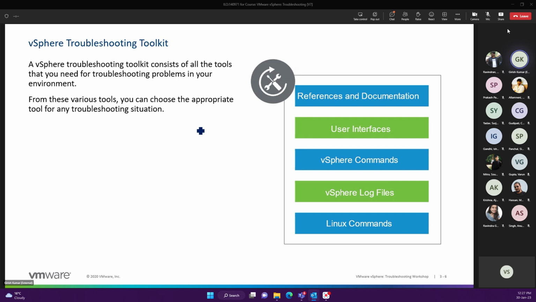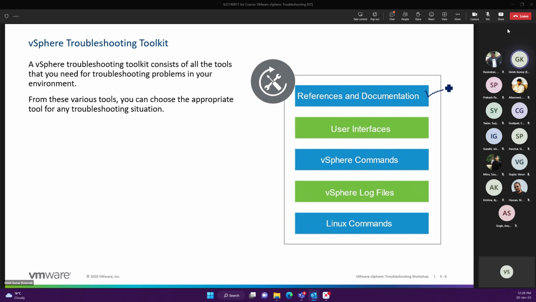The vSphere troubleshooting toolkit. All the references, documentation, and KB articles, you can consider these also as tools. Problems in the category of well-known problems mean I can find the solution in the VMware technical documentation, like docs.vmware.com.